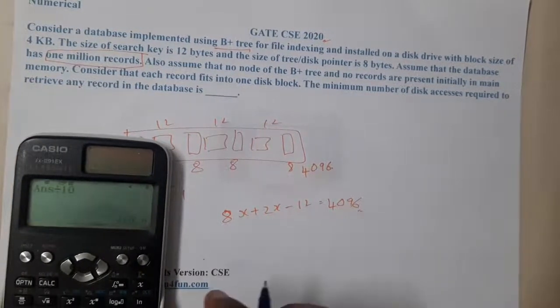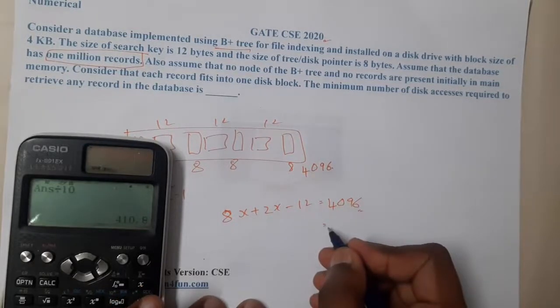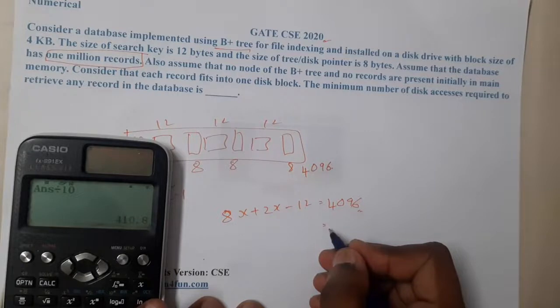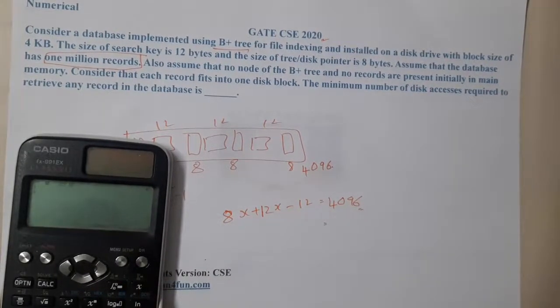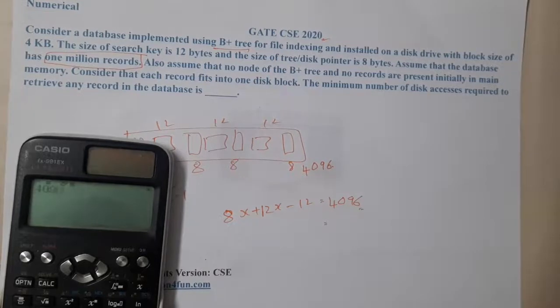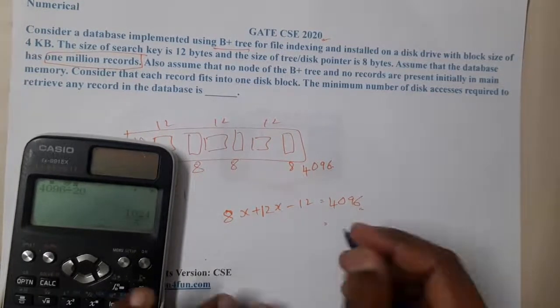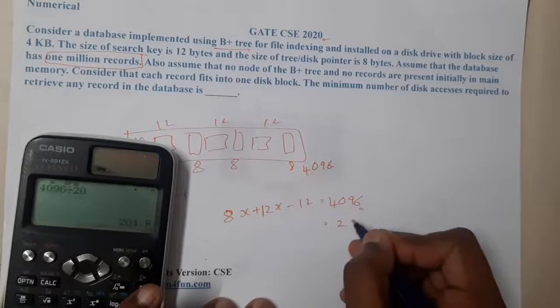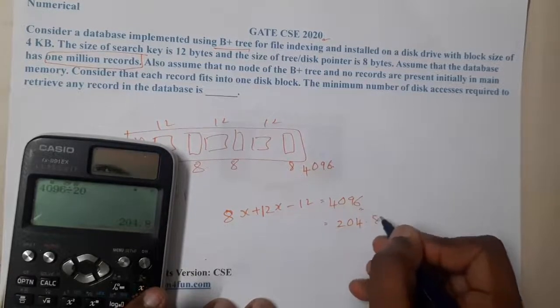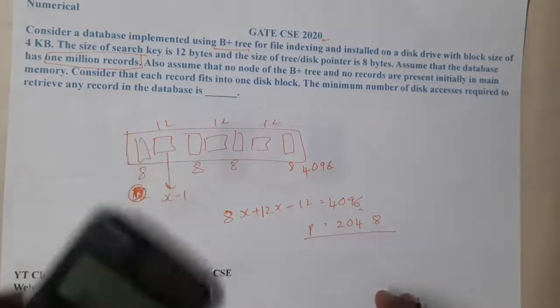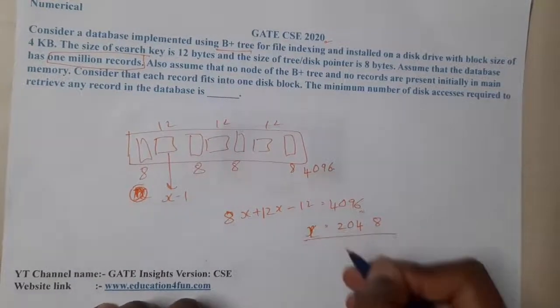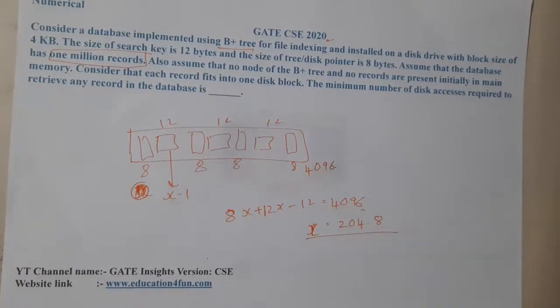Sorry, just give me a second, did I make any silly mistake here? It is 12x, right? So it is nothing but 4096 divided by 20, which is 204.8.